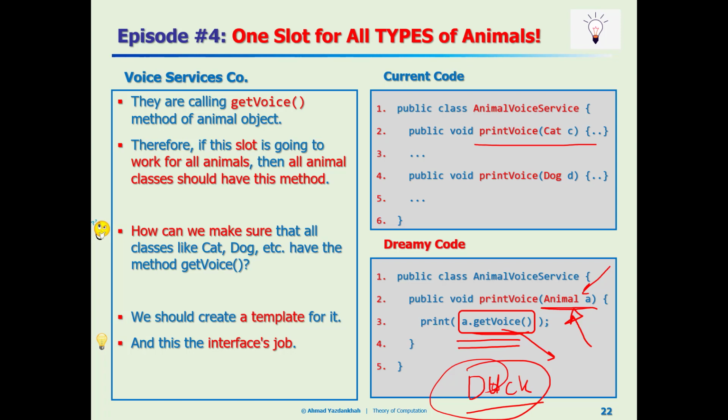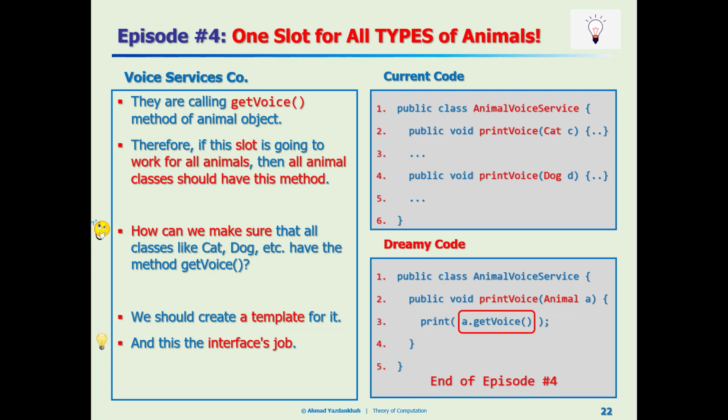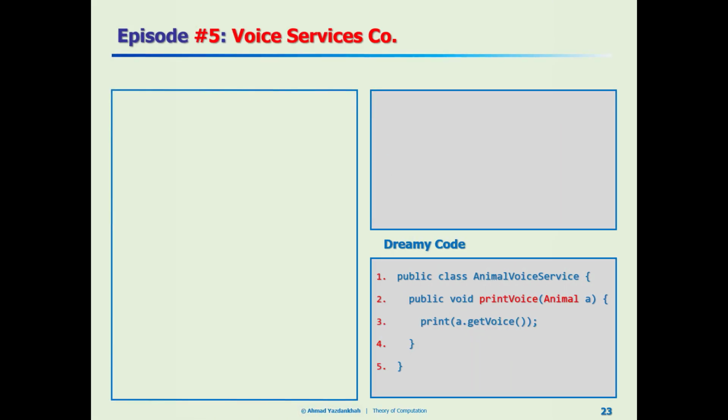In that way, we are sure that all of the future animals we are passing to this method implement this get voice. All right, so let me go ahead and show you in the demo.